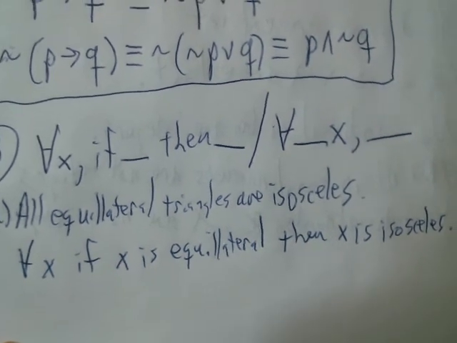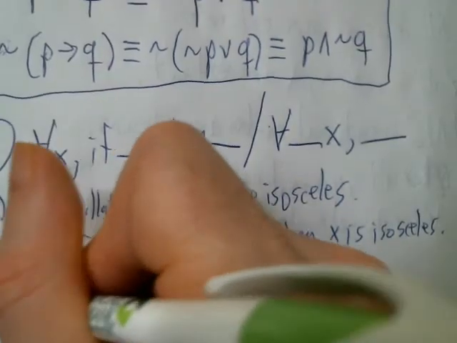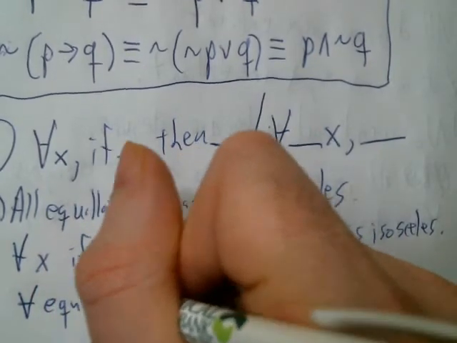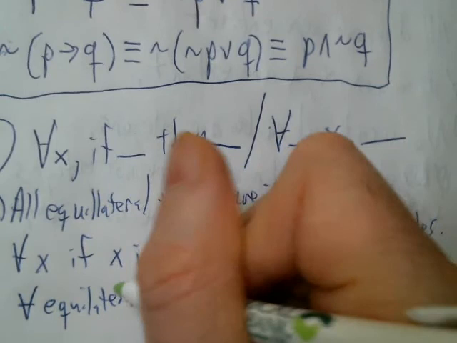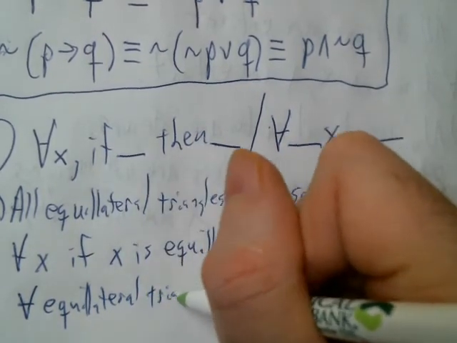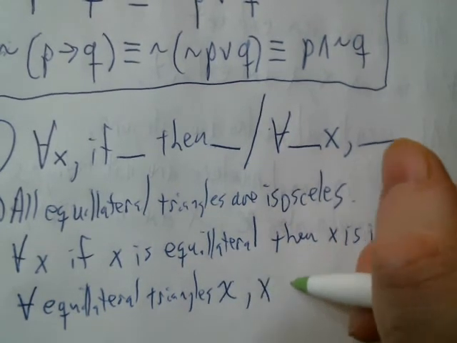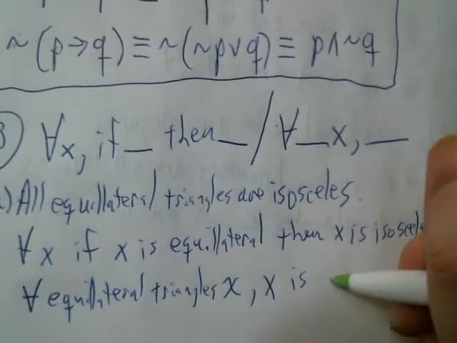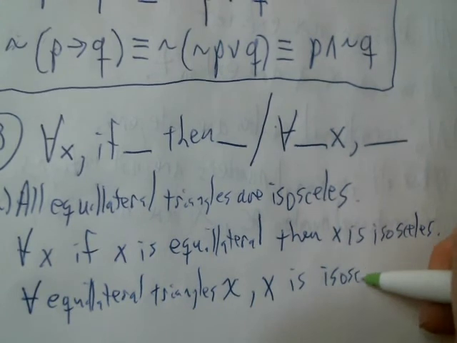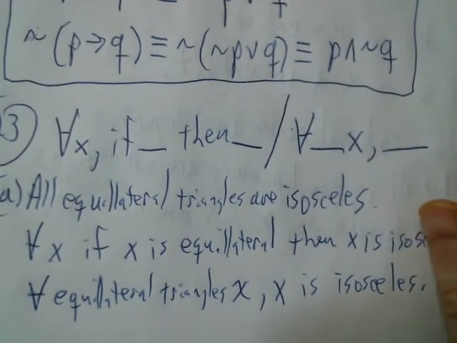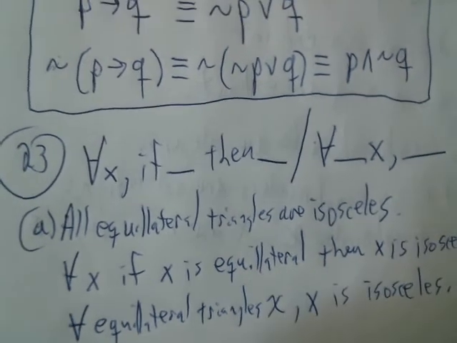And then likewise, how else can I write it? For all equilateral triangles x, x is isosceles. What else?